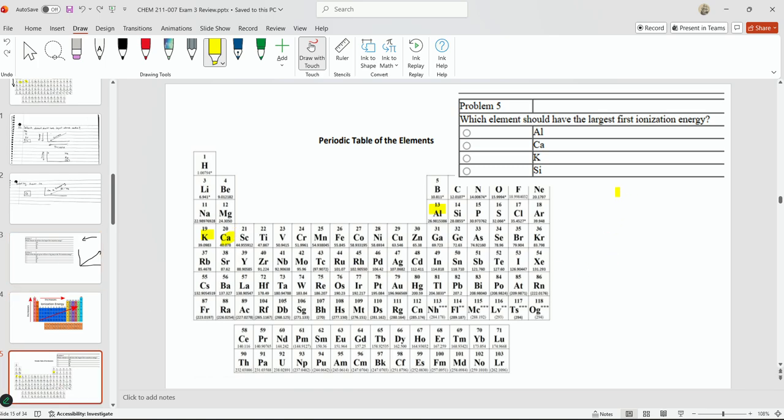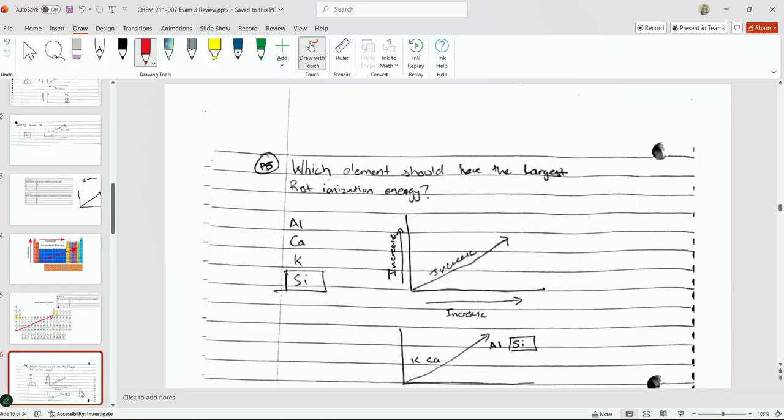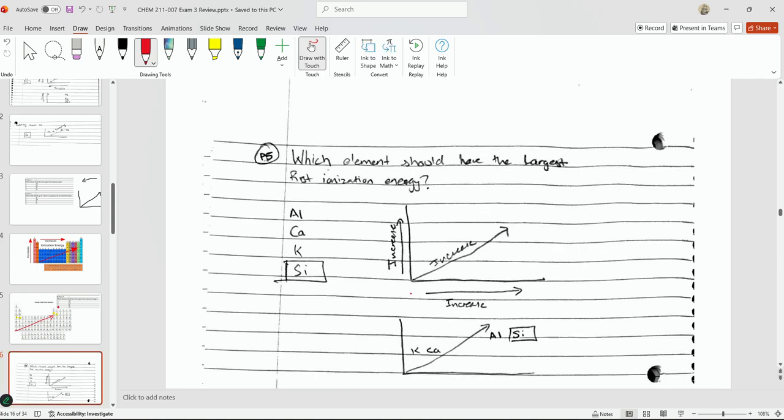Can one of you help me find where Si is? Maybe I'm missing something, but it's group 14, under carbon. Okay, there you go. So what is the largest ionization energy? It's Si, because it's increasing like this. Yes, makes sense. So this is basically the same thing I just said. I just wrote this down.